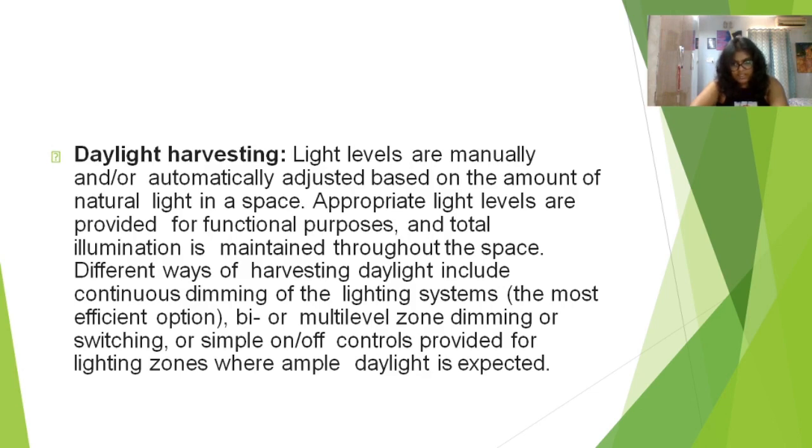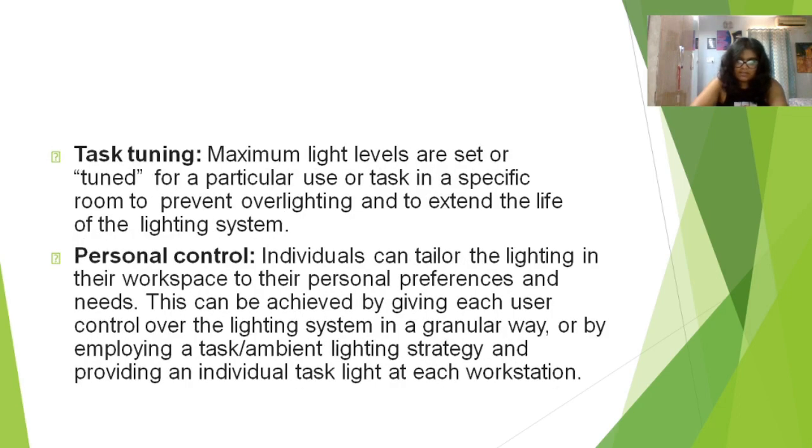Different ways of harvesting daylight include continuous dimming of the lighting system, which is the most efficient way, multi-level zone dimming or switching, or simple on and off controls provided for the lighting zones where ample daylight is expected. Task tuning: maximum light levels are set for a particular use or task in a specific room to prevent overlighting and to extend the life of the lighting system.